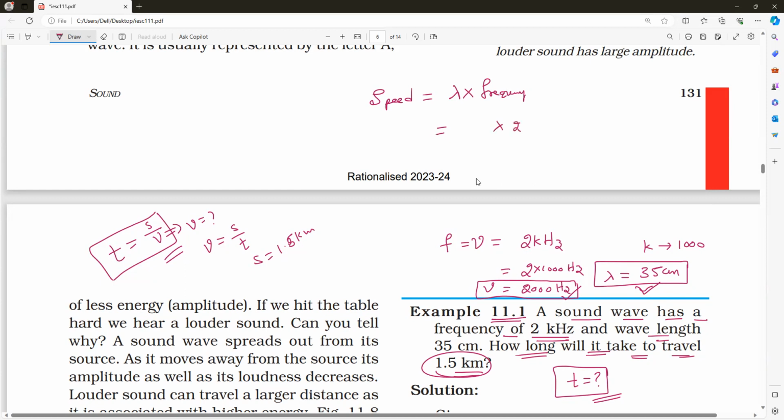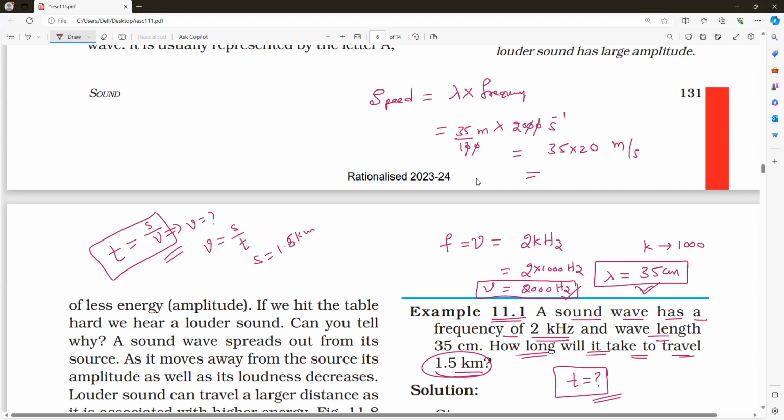So frequency is 2000 hertz, which I'll write as second inverse. Wavelength is 35 centimeter, but we have to take it in what? Meters. So the zeros get cancelled, which is equal to 35 into 20 meter per second.